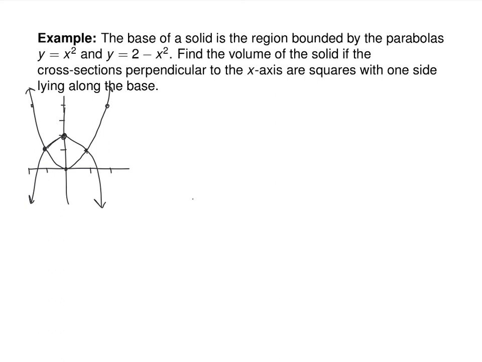So that thing is the base, and when I slice the base perpendicular to the x-axis, I get squares. So the area of my cross-section is found by taking whatever the side of that square is and squaring it. And the length of my side is the upper curve minus the lower curve, or 2 minus 2x squared.